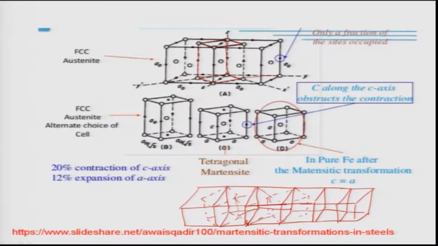A remains A, B remains B. The only thing that changes is that these become A by root 2. So that's the difference because of the carbon atoms. Carbon atoms obstruct the contraction. Although this contraction is required, they sit in such a way that the lattice invariant obstruction happens. Fine, so you don't need to understand all those complex stuffs.